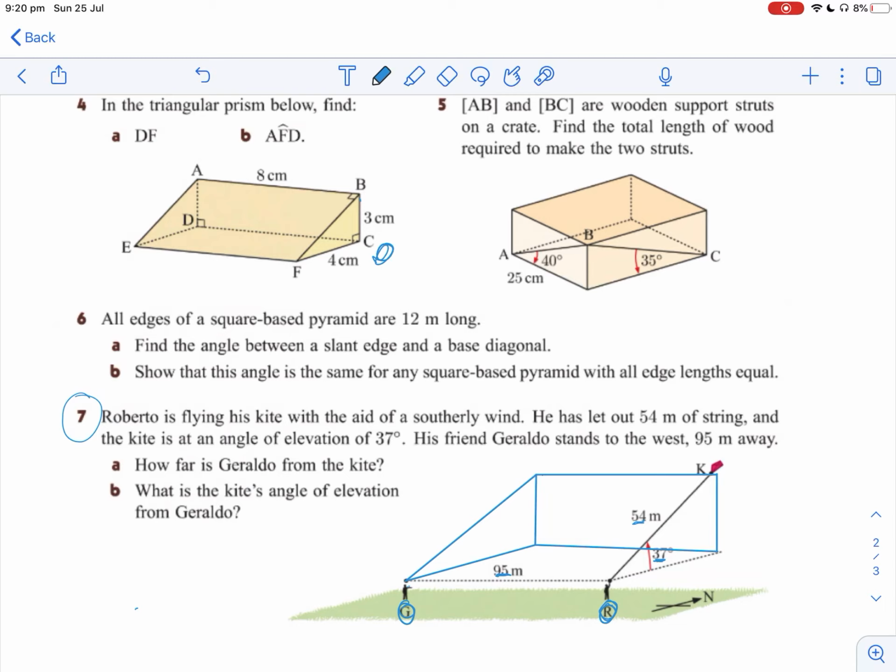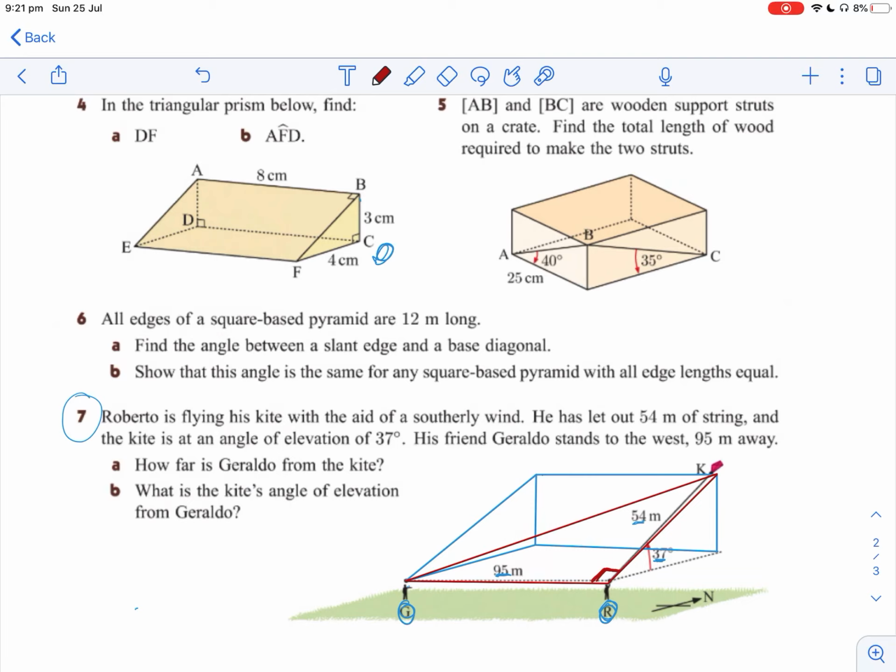So we are actually trying to find, I'll do it in a different color, the distance from here to here. If I draw that out as a triangle, it would be this length and this length as well, and it is a right angle triangle.